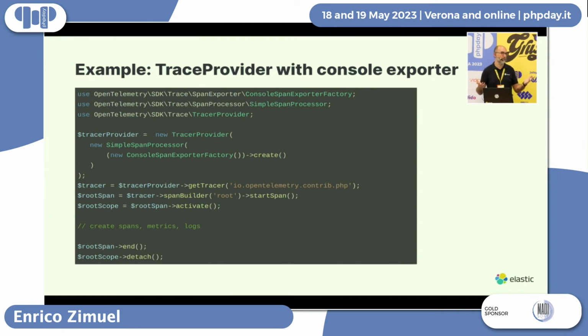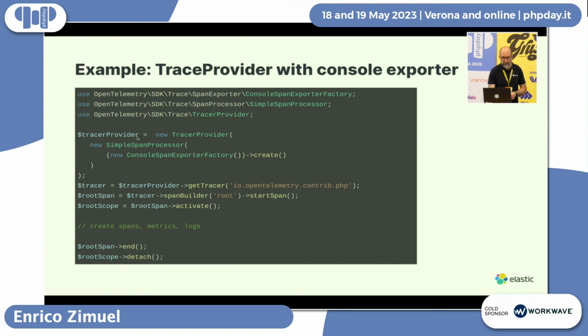And by the way, not surprisingly, the body of the HTTP request is a JSON that contains some information. So I suggest to start with this little example, so you can understand which kind of HTTP request OpenTelemetry will build.